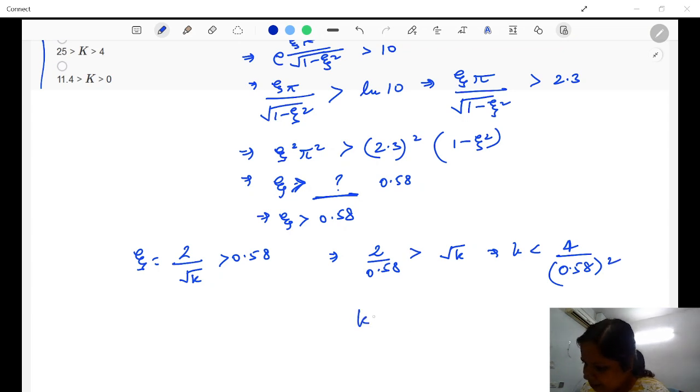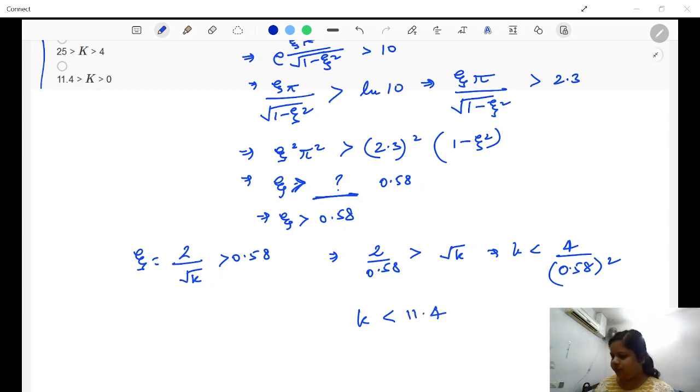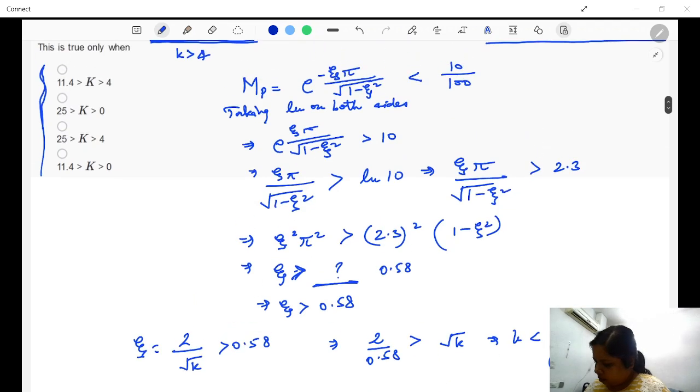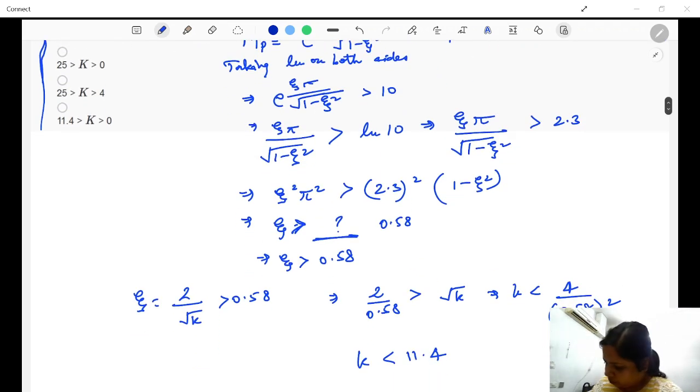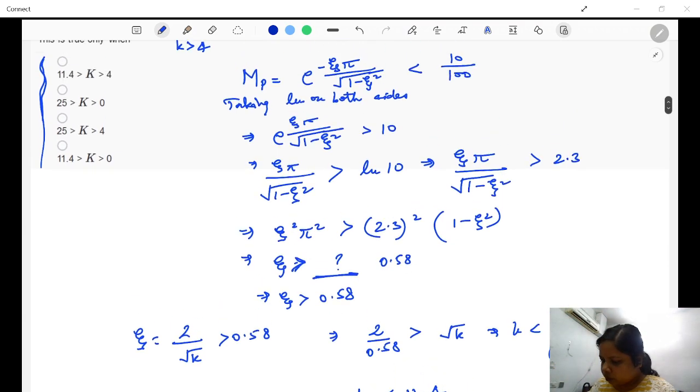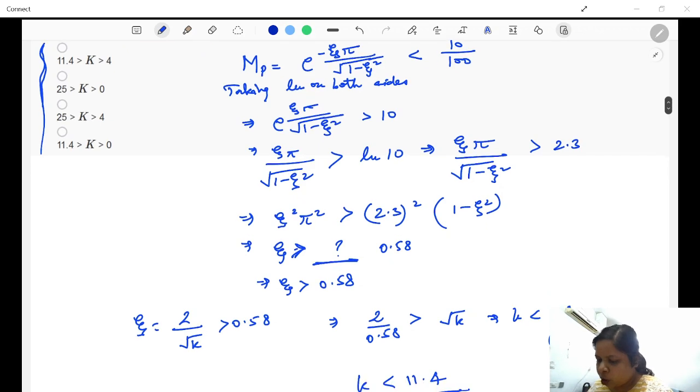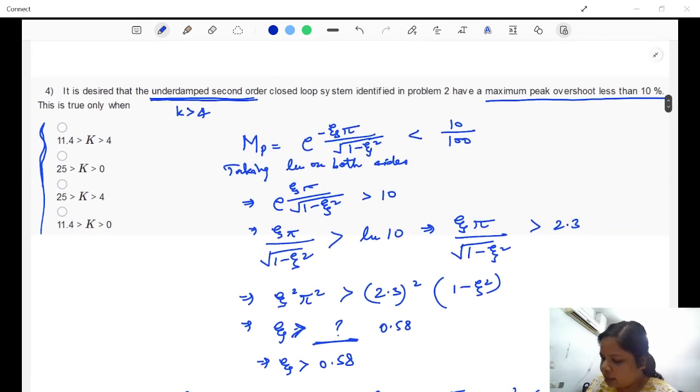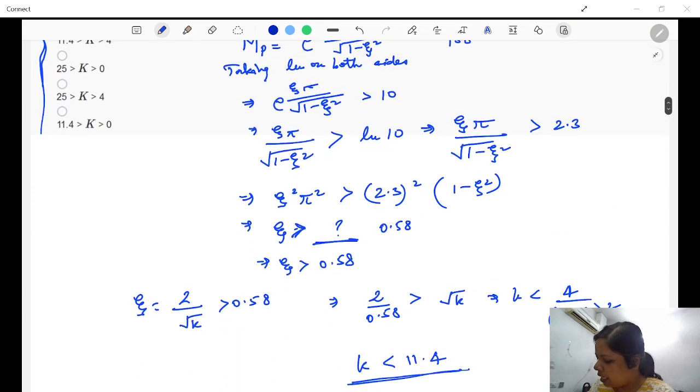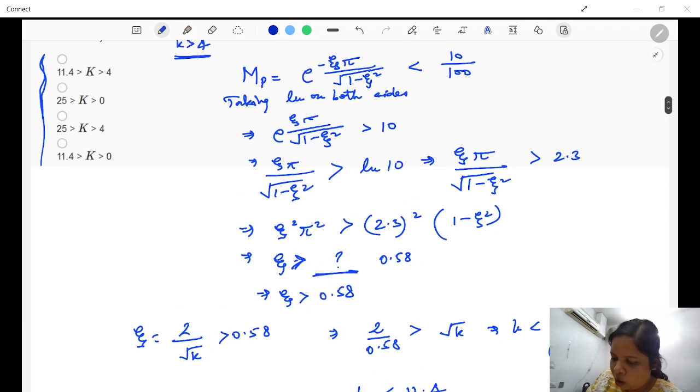So you'll find that k should be less than approximately 11.4. Okay, you'll get this answer, 11.4. So which option is correct? We already had this condition that k should be greater than 4. And from here we have got k should be less than 11.4. So your answer is option A.